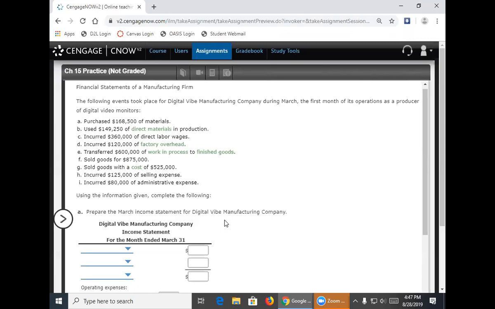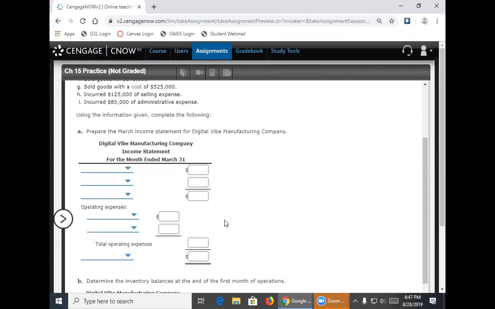So they give us this information: how many materials were purchased, how many were used, direct labor, overhead, goods transferred to finished goods, what we sold, how much we sold it for, or what our cost was, and then our selling and administrative expenses. So again, with manufacturing, our income statement just looks a little different.